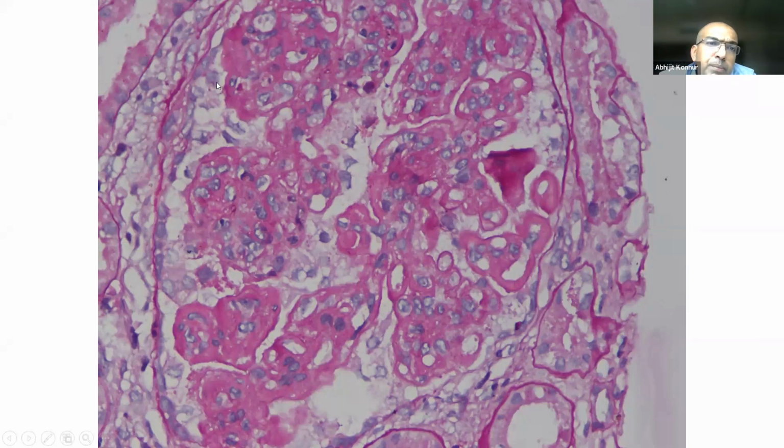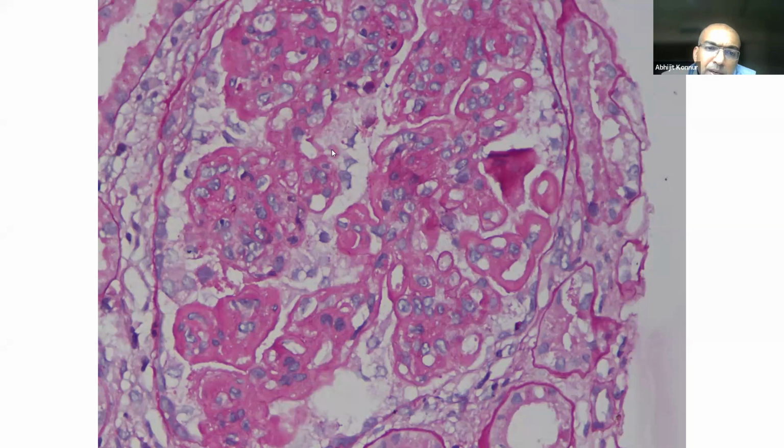There could be presence of cellular crescents. These are all signs of activity in the disease, and usual signs of chronicity, meanwhile, are sclerosis, fibrosis, fibrous crescents, and tubular atrophy. So depending on the activity index and the chronicity index, one decides the level of immunosuppression that one has to give.